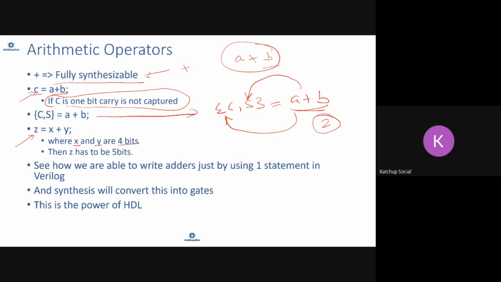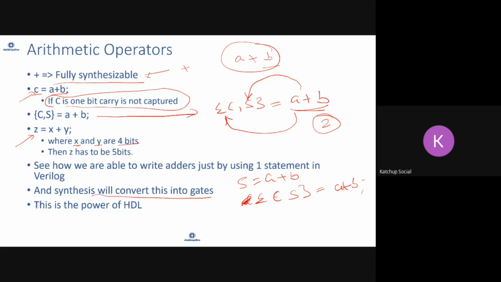Now we are able to write that complex logic with just one statement in Verilog, saying S is equal to A plus B, or carry and sum equal to A plus B. Writing in Verilog or HDL gives you a powerful way of writing code with a simple language for very complex logic, and the synthesis tool will automatically convert this into gates.